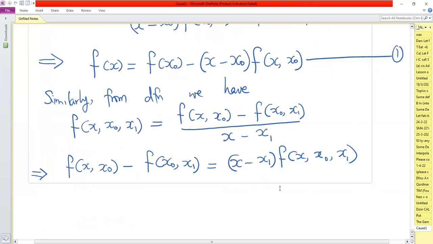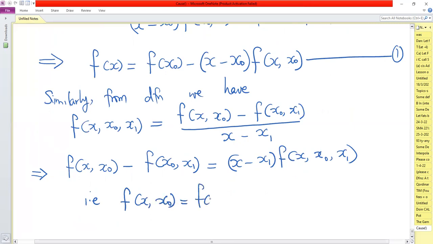So making f of x comma x naught the subject, we have f of x comma x naught is given by f of x naught, x1 plus x minus x1 multiplied by the second divided difference of x, x naught, and x1.